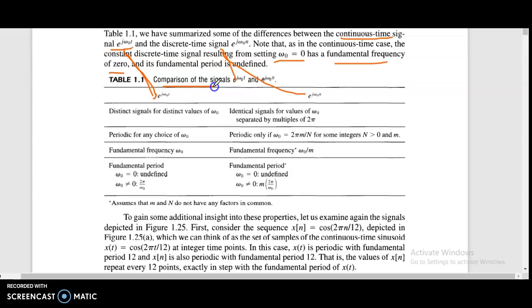Here is the comparison of the signals e^(jω₀t) and e^(jω₀n), that is, the continuous-time signals and the discrete-time signals.